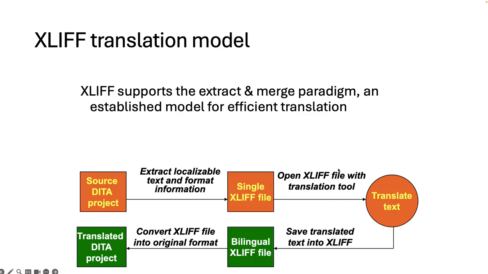We open that XLIF file with our computer-aided translation tool, the one we're going to look at is Swordfish. Translate the text, and save that translated XLIF file as a bilingual file now. The source is all in the source language and the targets are in the target language. We'll show you how that works in a second here. Then we convert the XLIF file into its original format, and we have a translated DITA project.